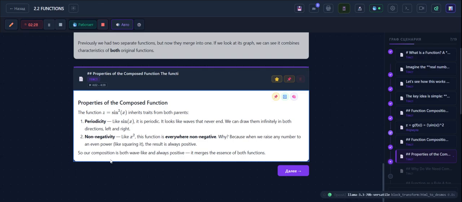So in this case, when we get a composite function, it is both wave-like and always positive. So when we do composition, we merge these two qualities, these two properties of different functions into one.